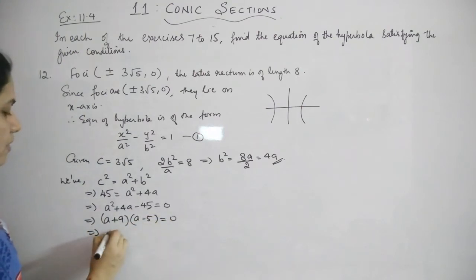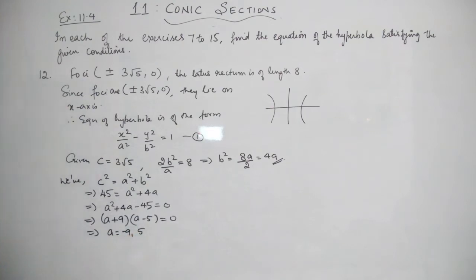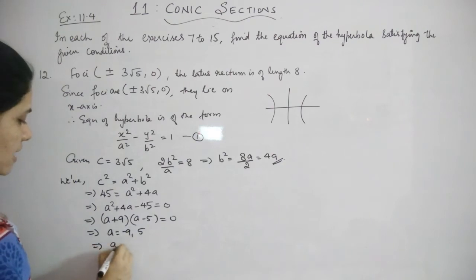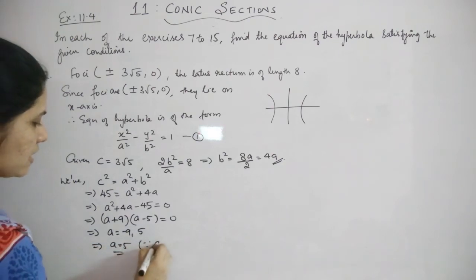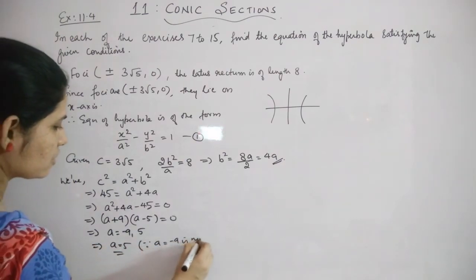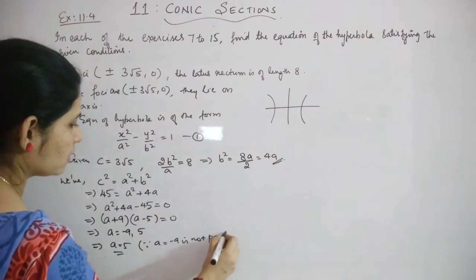So you are getting two values of a, which are a is equal to minus 9 and a is equal to 5. Now a equal to minus 9 we cannot use. Why? Because a is a length and length cannot be negative. So we will say a equal to 5 is chosen, since a equal to minus 9 is not possible.